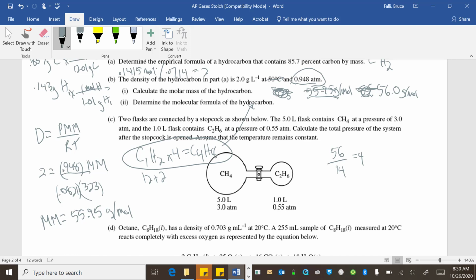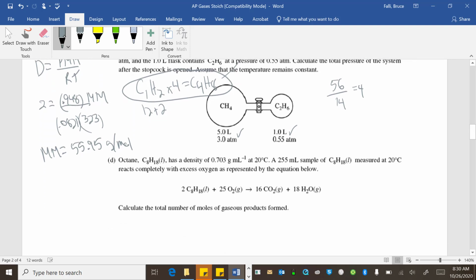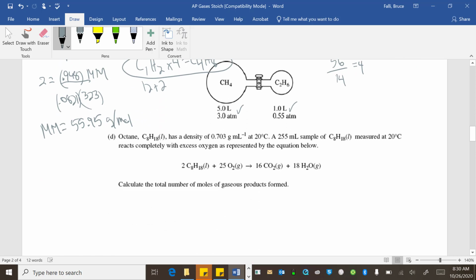All right. 2 flasks are connected by a stopcock as shown below. The 5-liter flask contains CH4 at a pressure of 3, and the 1-liter flask contains C2H6 at a pressure of 0.55. Calculate the total pressure on the system after the stopcock is opened. Assume the temperature remains constant. Okay, I'm going to use the big empty space down here. Remember, this is where we have to do this twice. For CH4, P1V1 equals P2V2.